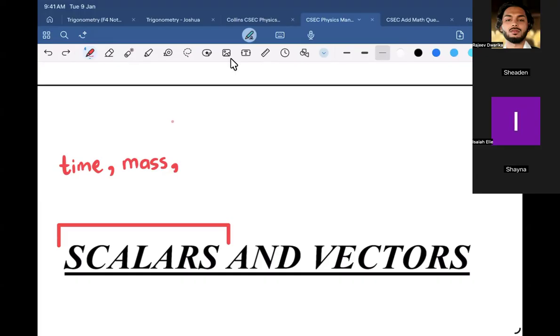Isaiah, if something can be written as positive or negative, it's not a scalar quantity. A scalar quantity just has size. It doesn't have direction, so it's just positive. Shay, back to you. Any scalar quantities you could think of?